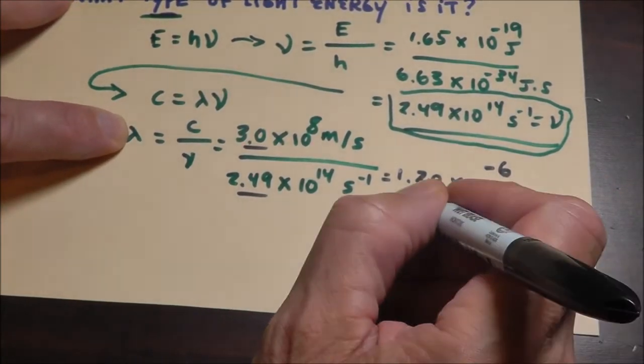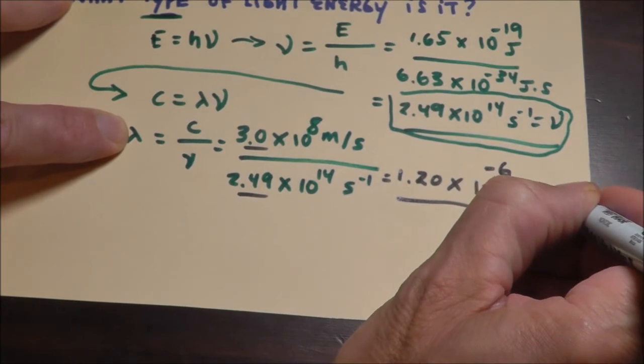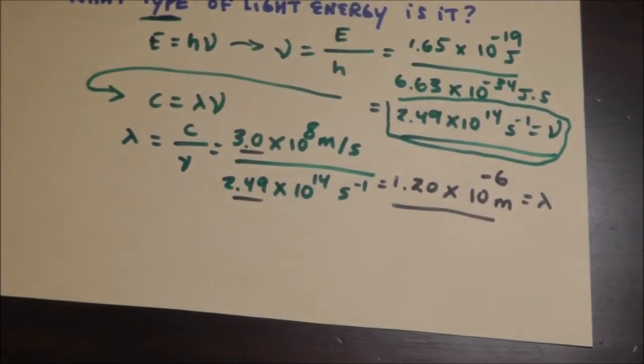Now, theoretically, I've solved the problem. But I don't know if I can easily know what the second part of the answer is: what type of light energy is it?